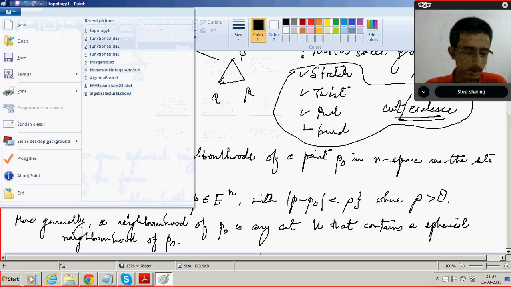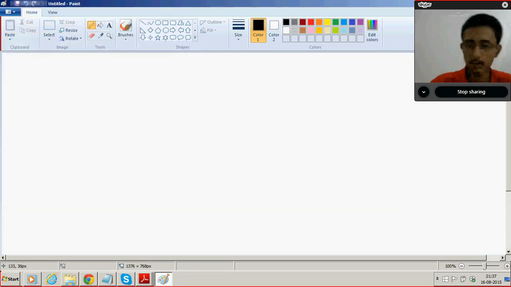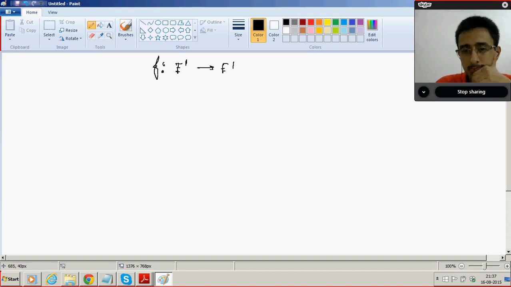See, if we were to discuss functions or sequences from E1 to E1, from the reals to reals, the concept of neighborhood would still apply.